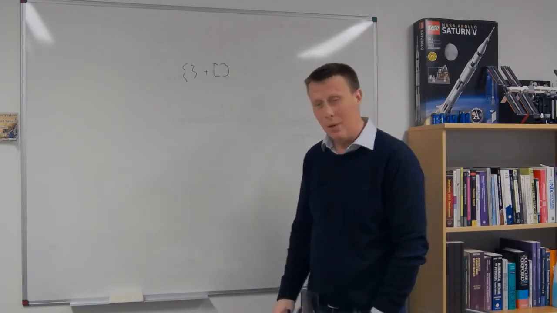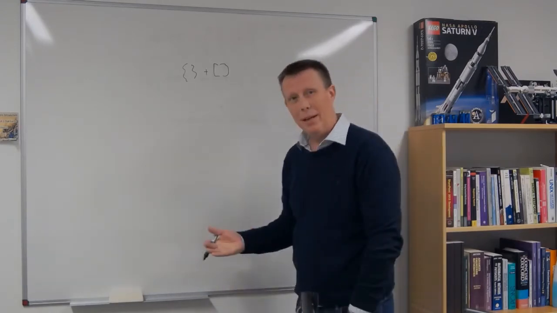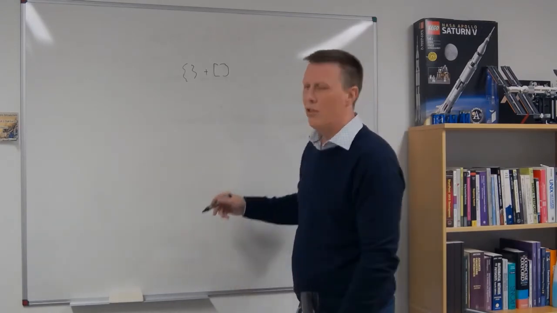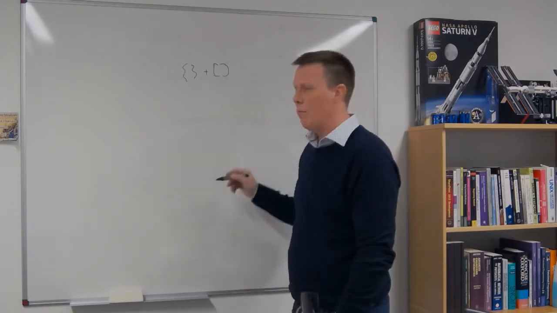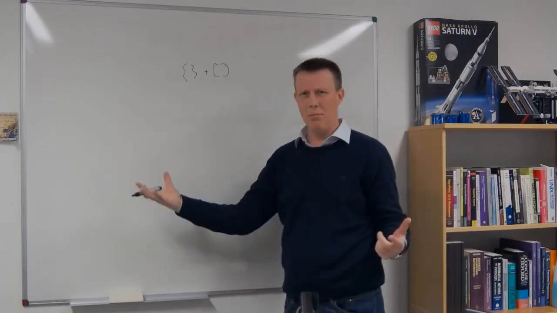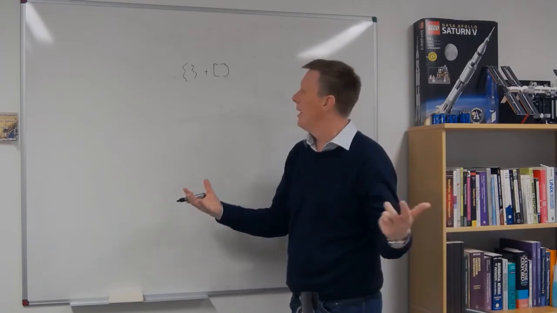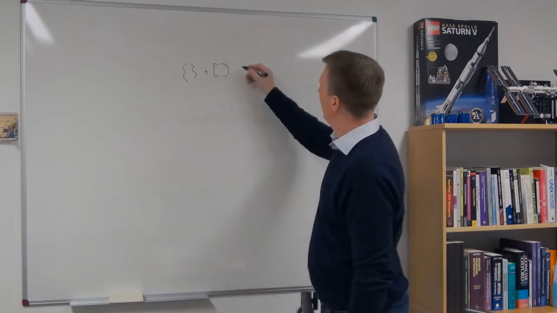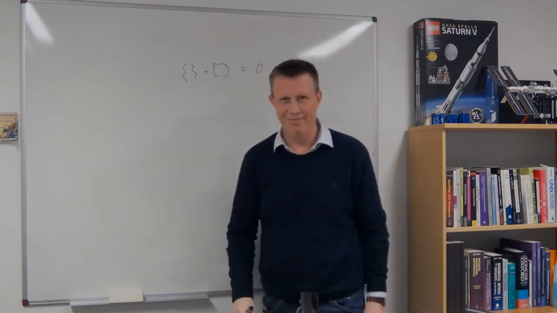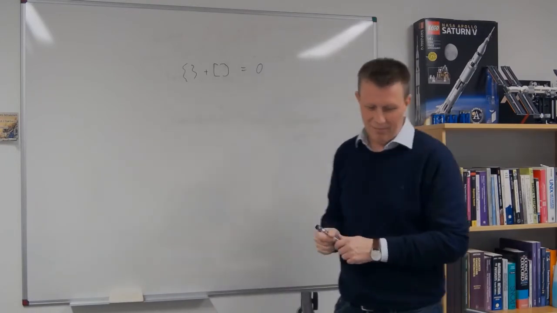In my opinion, we should get a type error. You could somehow think that, well, an array is an object, but then you have a different type of object with another object, and we don't really know. In JavaScript, this is 0. Yes.